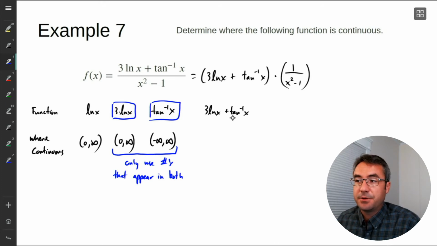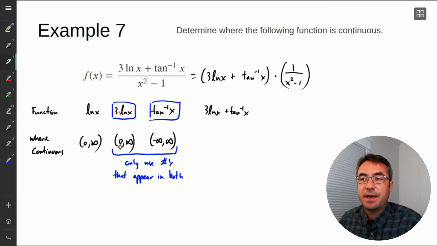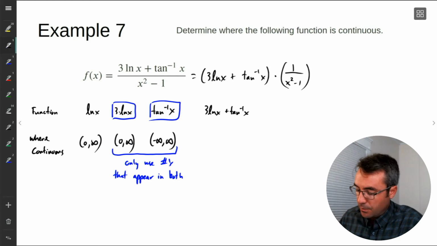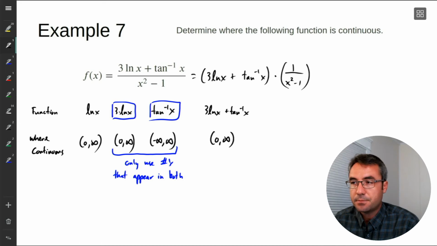So if we were to look at their sum, 3 ln x plus inverse tan, it's not going to make any sense to try to plug a negative number into this whole thing. So we have to use the numbers that show up in both of these. When we do that, we end up with the interval from 0 to infinity. So we know where this sum is continuous.